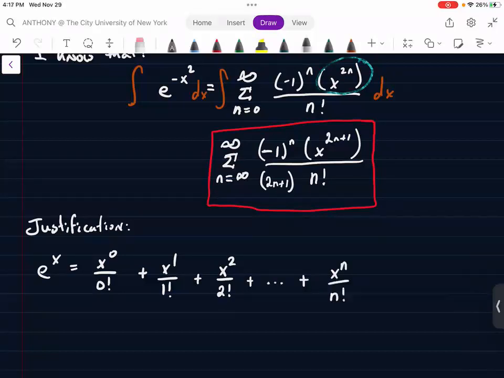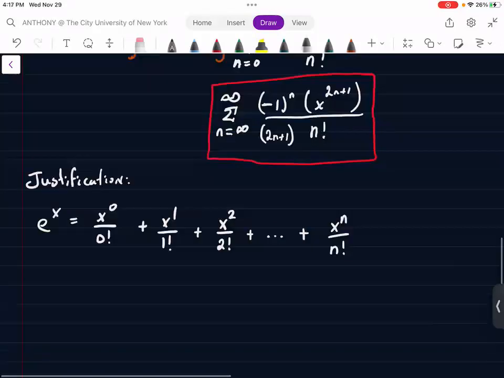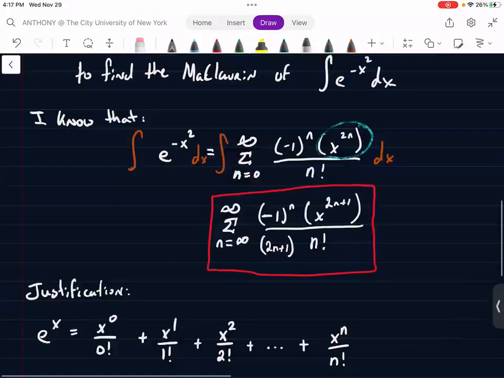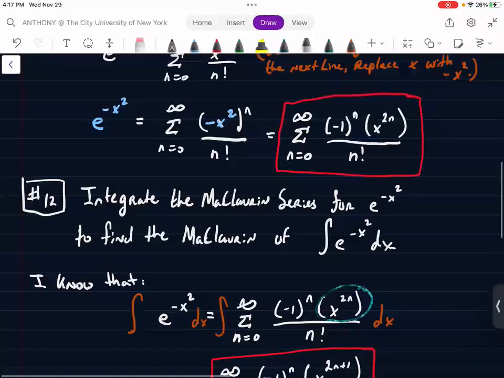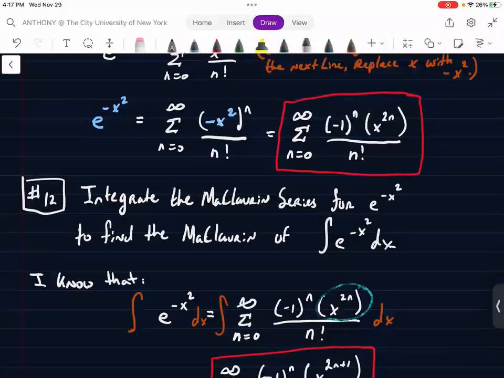That's the pattern. Now, e to the power of negative x squared, well, the first term is still going to be 1, right? Because if n was 0 for the sum, you're still going to get 1. Negative 1 to the 0 is 1, x to the 0 is 1, 0 factorial is still 1.